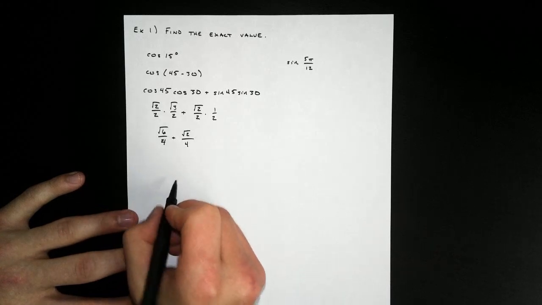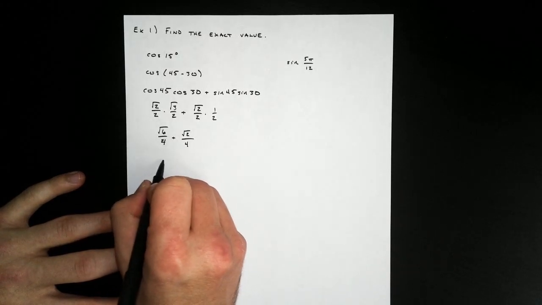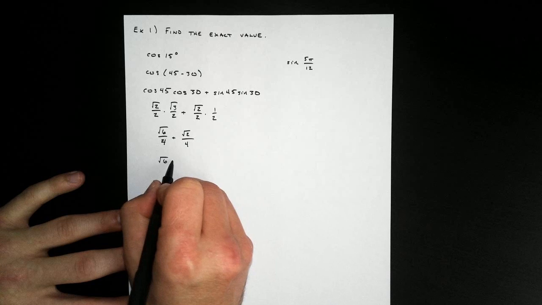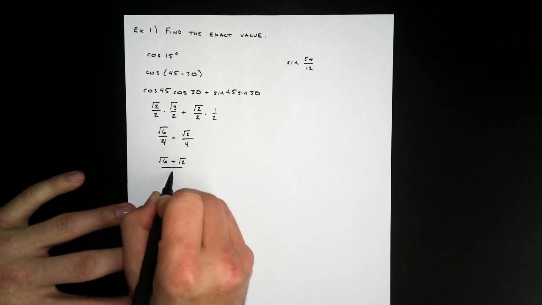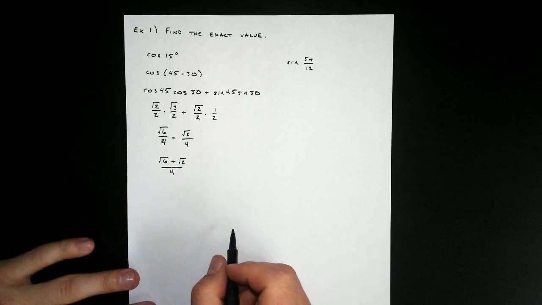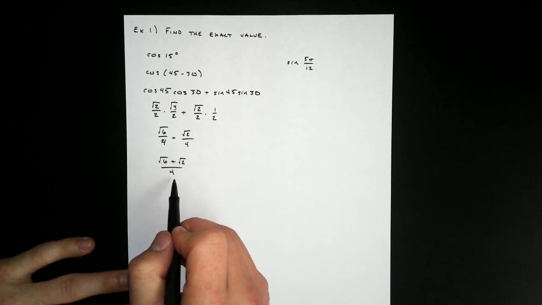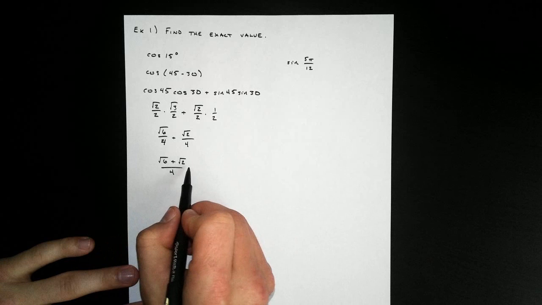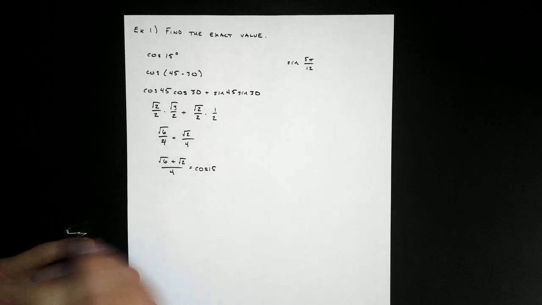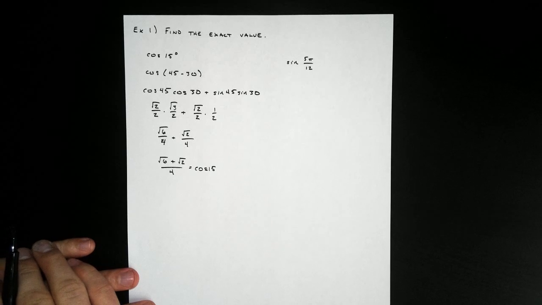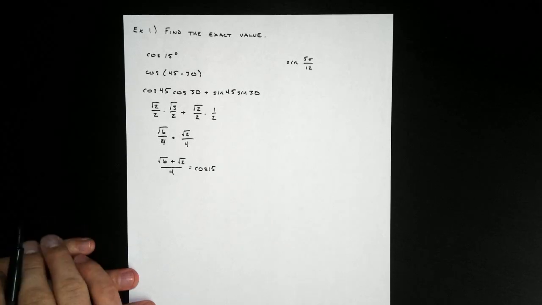We have a common denominator, so adding these fractions, the exact value of the cosine of 15 is the square root of 6 plus the square root of 2 over 4. And that is the exact value, meaning it's not rounded at all.